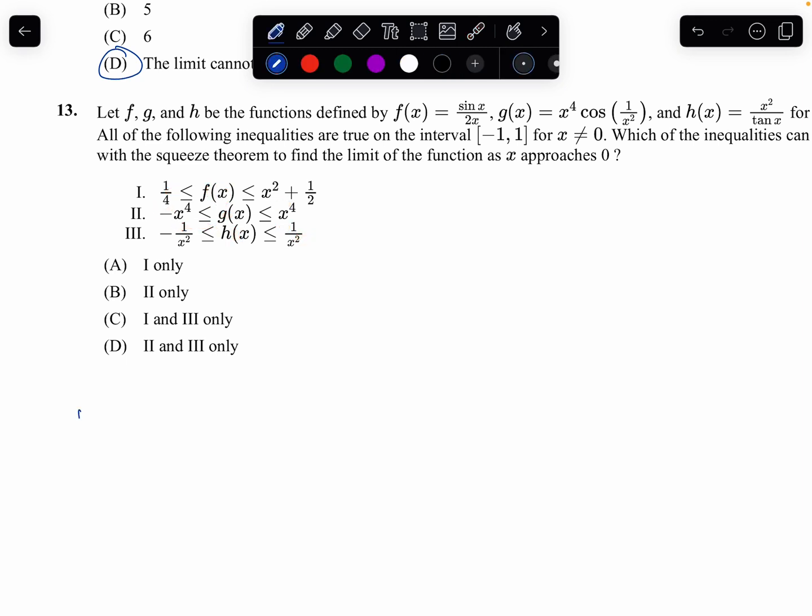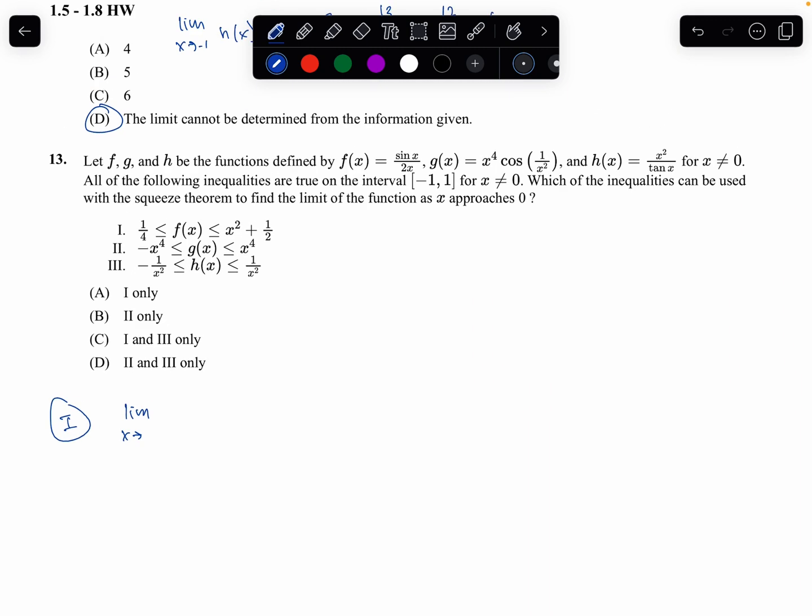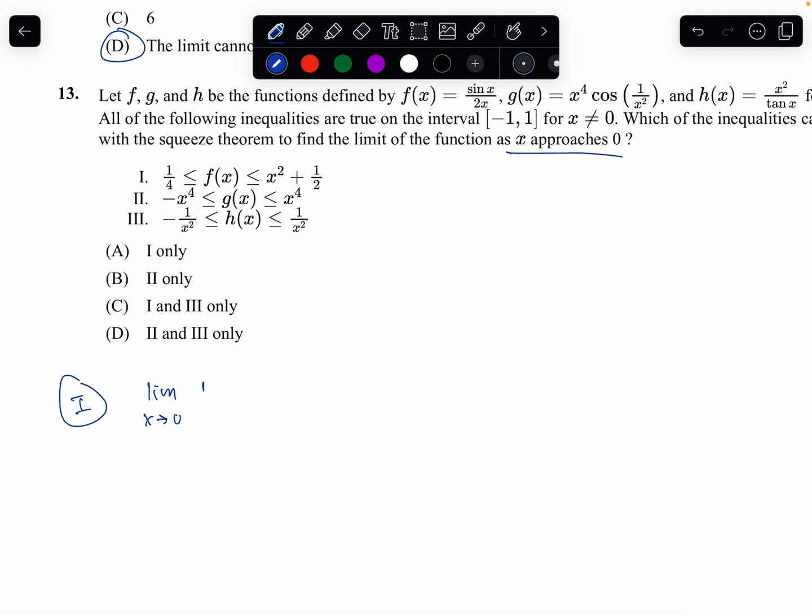So like for 1, for example, we'll try the limit as x approaches, what value are we looking at? The limit as x approaches 0. So the limit as x approaches 0 of 1/4, well that's going to be 1/4, is going to be less than or equal to the limit as x approaches 0 of f of x, is going to be less than or equal to the limit as x approaches 0 of x squared plus 1/2.